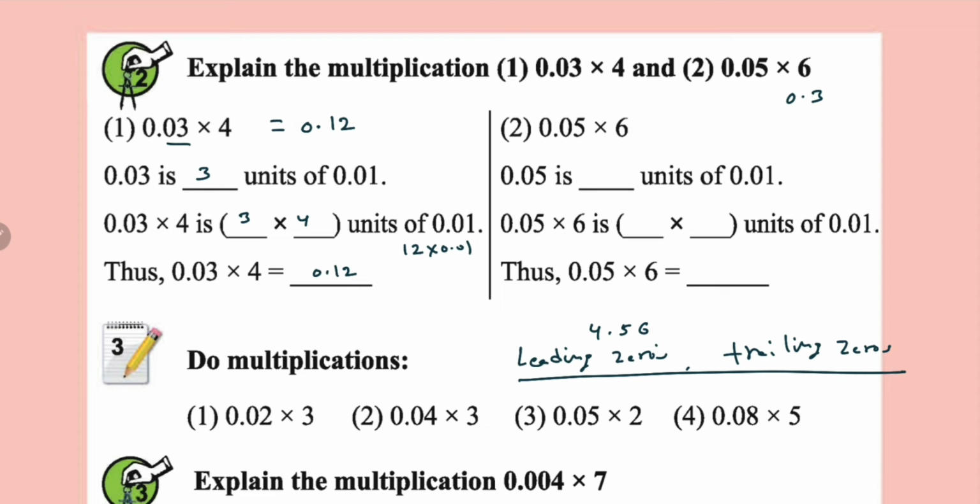So this is a trailing zero in a decimal number, so you can omit it. This is a leading zero, this also you can omit. If there is a zero here, 0.2, sometimes people also write it as .2. Both are the same, but this is the usual notation.